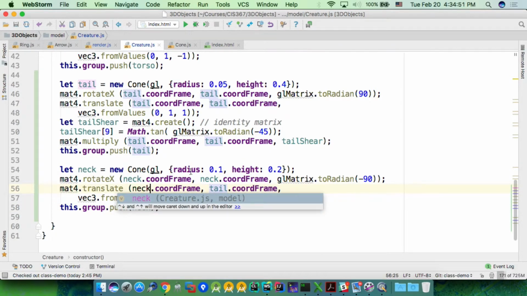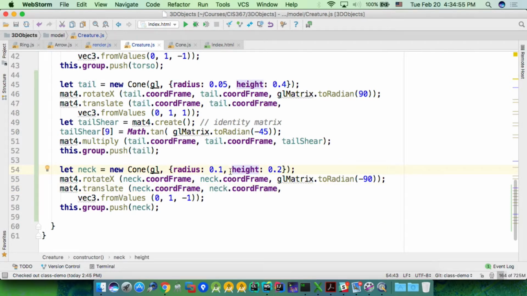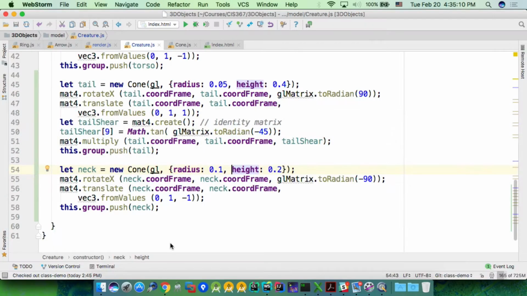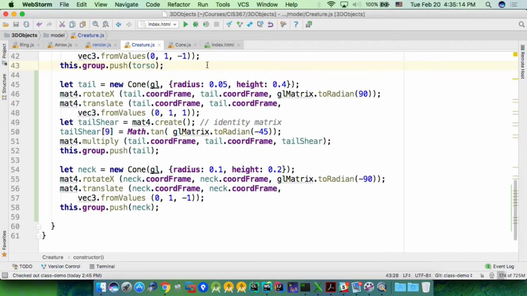We want to do neck, not tail. There we go. Did I make a typo anywhere else? Maybe not. I think we might be overlapping. Yeah, I think the translation is incorrect. So I think it's hidden inside the torso.